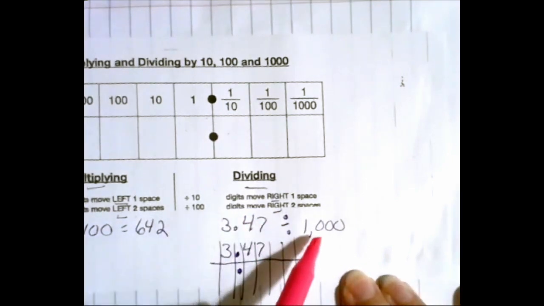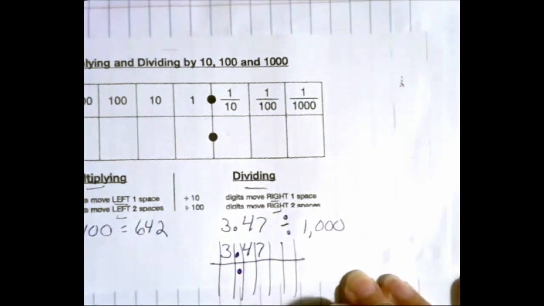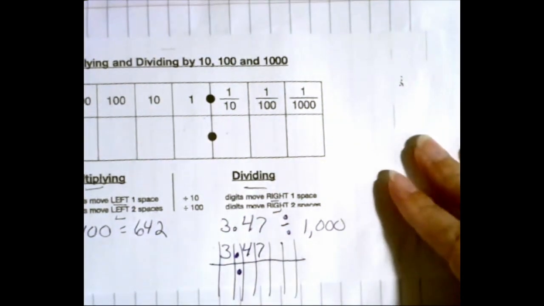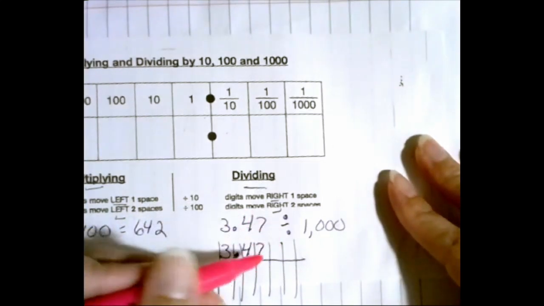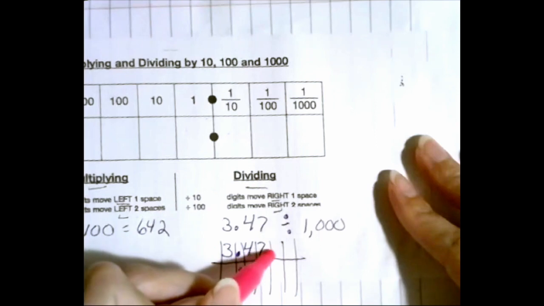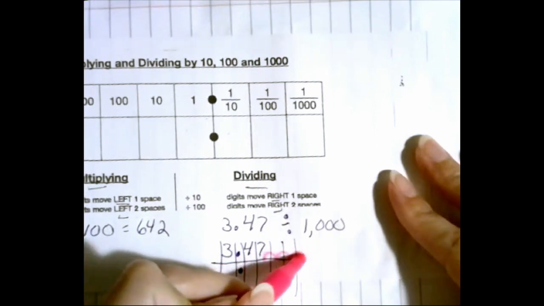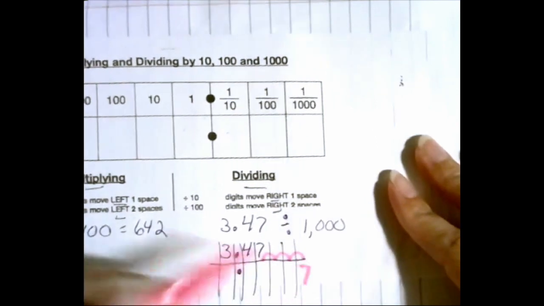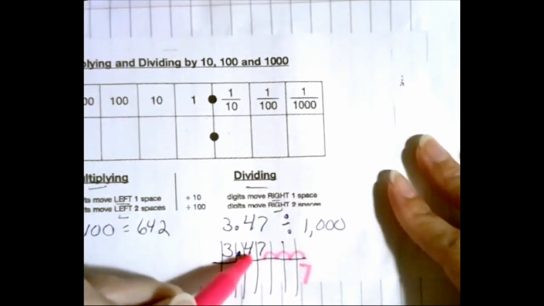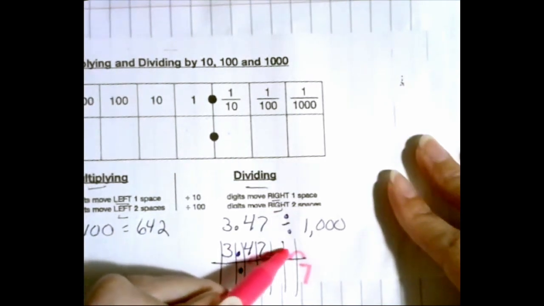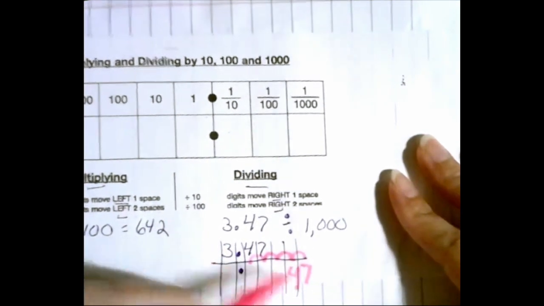Well, I have 3 zeros in the number 1,000, so I want our digits to move 3 times to the right. So I'm going to take this 7 and I'm going to move it 1, 2, 3 times to the right. I'm going to take this 4 and I'm going to move it 1, 2, 3 times to the right.